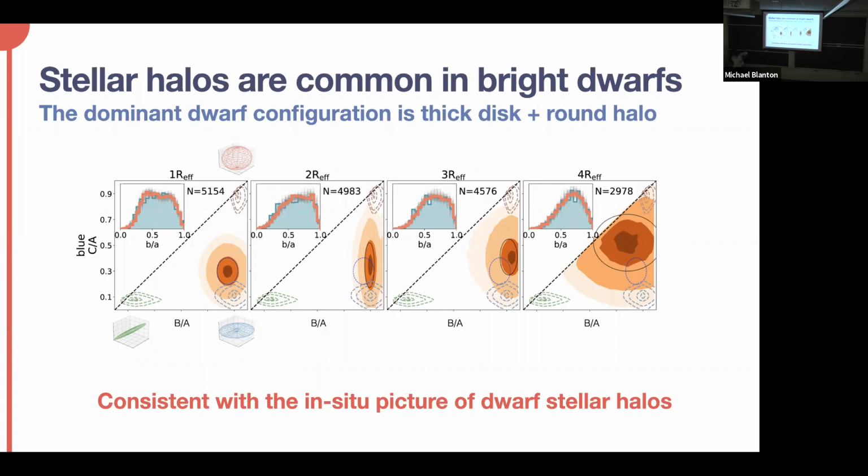Isophotal twist is essentially when you have, say, that the isophote looks like this at one effective radius, and then as you go out, the galaxy twists. We don't see a significant systematic shift in the position angles as a function of radius. If we do the same exercise, keeping the position angles constant, we see the same effect.